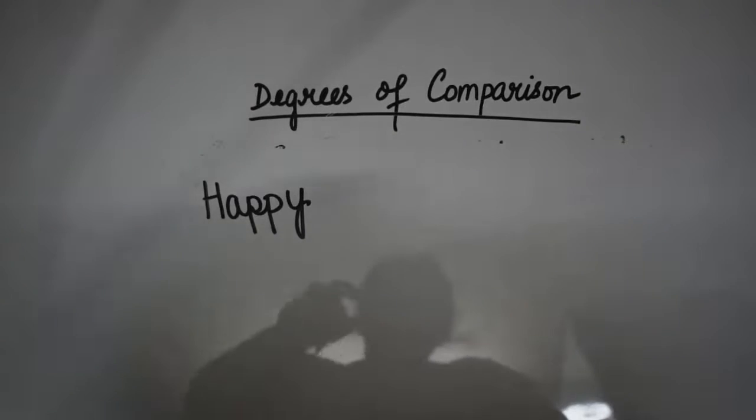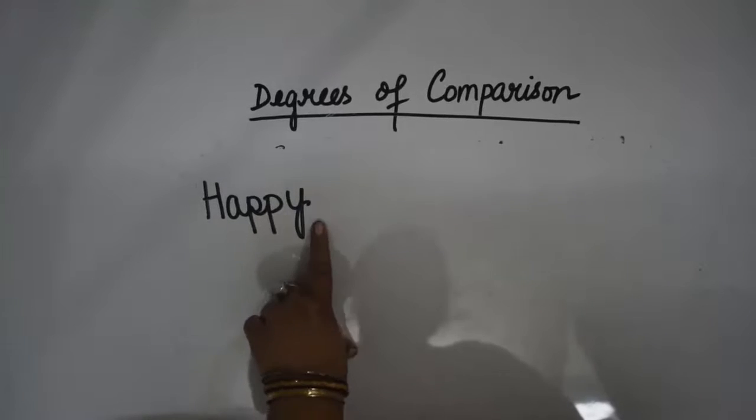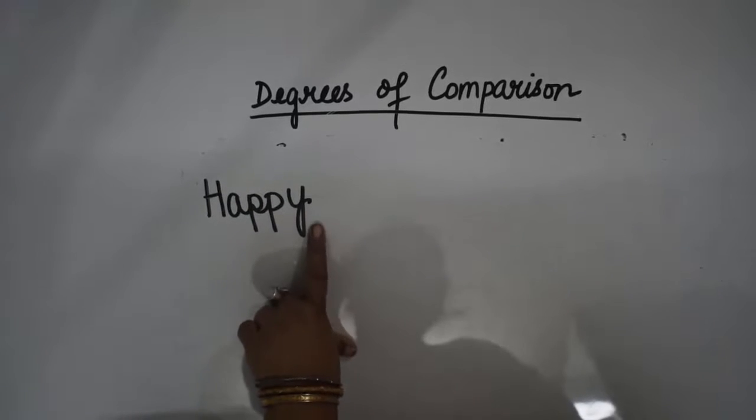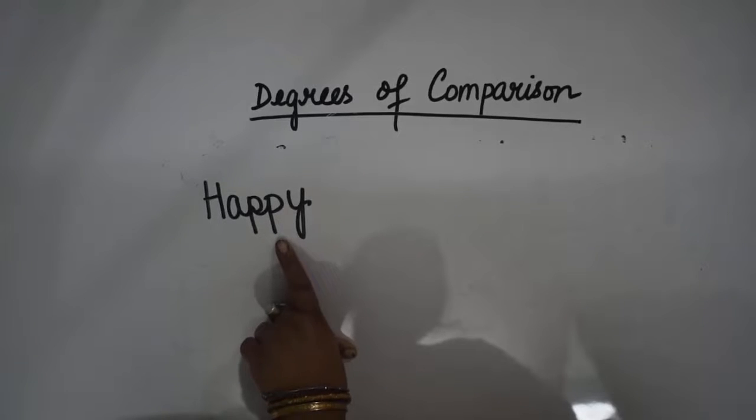As you can see, the word happy ends in Y and the Y is preceded by a consonant, right? In my last video I had already taught you what a consonant is. All the letters apart from the 5 vowels are consonants.